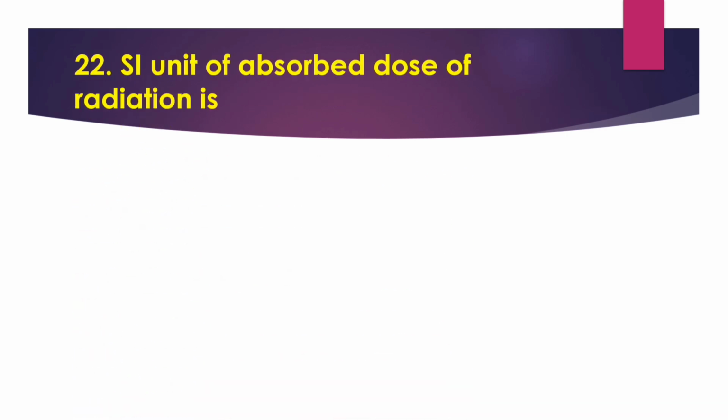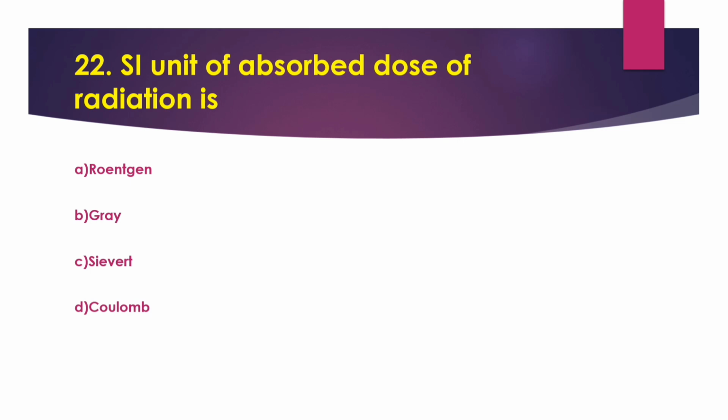Moving on to the next question, question number 22. SI unit of absorbed dose of radiation is... So the unit for absorbed dose. Option A, Roentgen. Option B, Gray. Option C, Sievert. Option D, Coulomb. Roentgen is related to exposure.